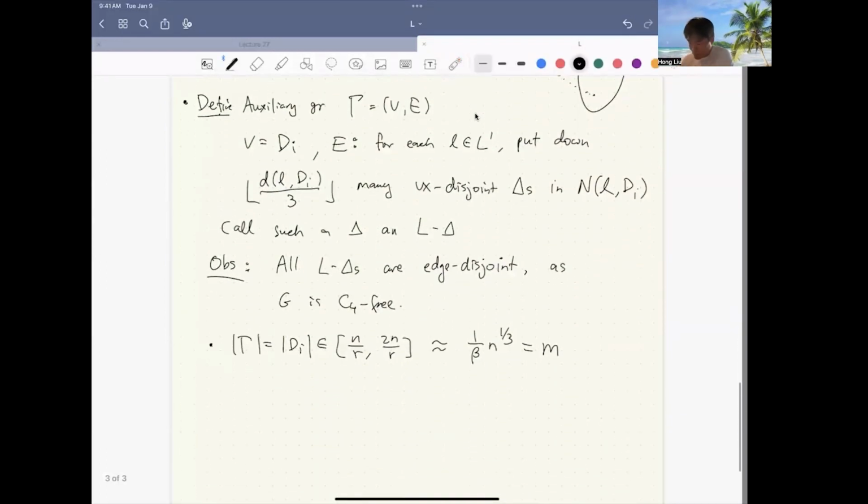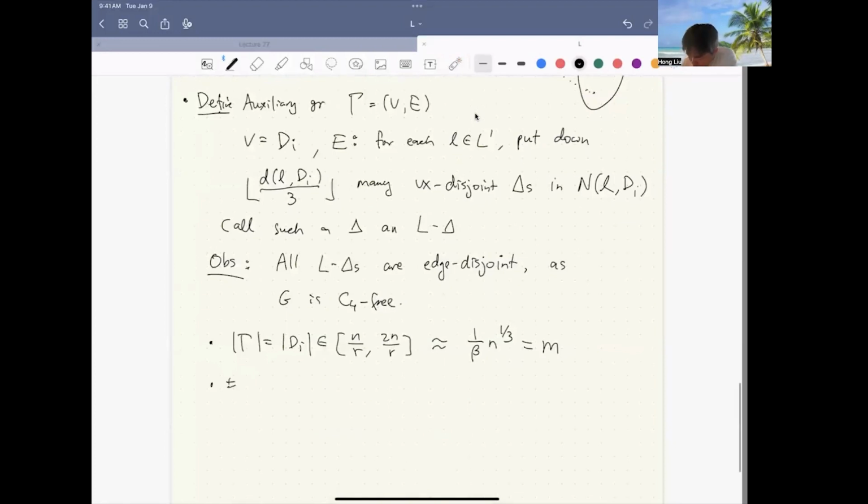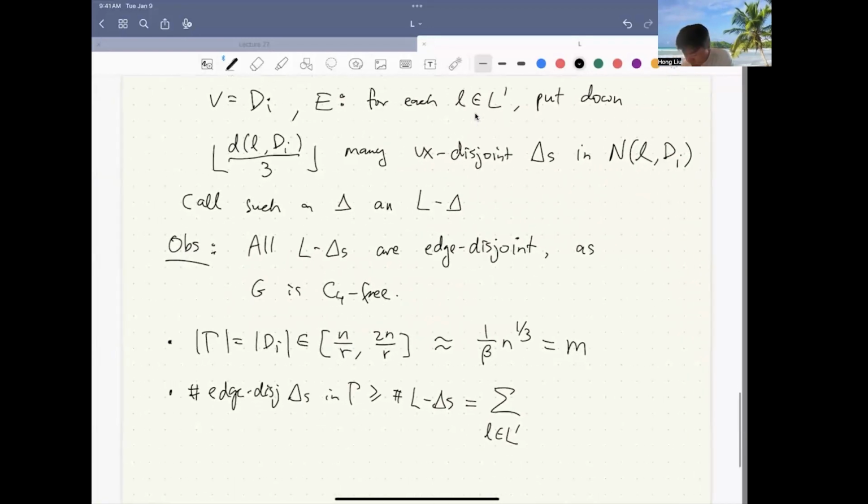So the number of edge disjoint triangles in gamma is at least the number of L triangles, which equals the sum over L in L prime of the floor of dL in DI divided by 3.